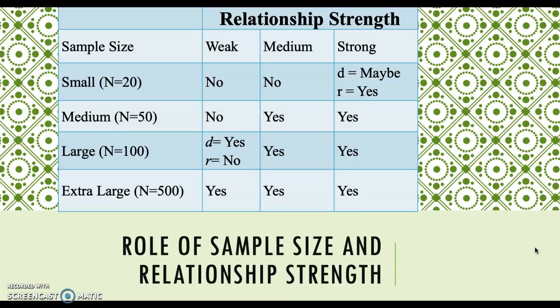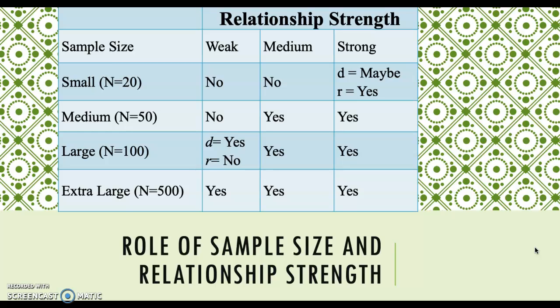The columns of the table represent the 3 levels of relationship strength: weak, medium, and strong. The rows represent 4 sample sizes that can be considered small, medium, large, and extra large in the context of psychological research. Thus, each cell in the table represents a combination of relationship strength and sample size.